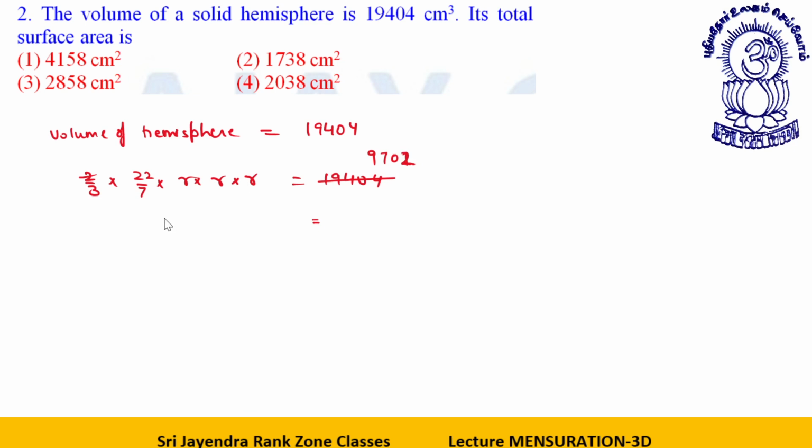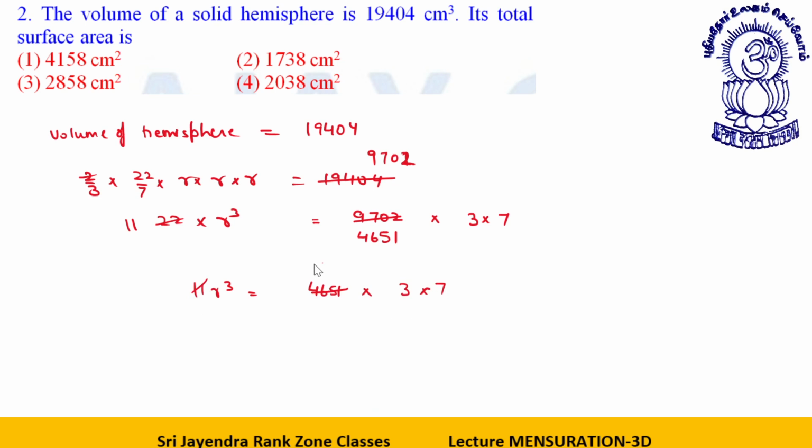Now I have 22 into r cube is equal to 9702 into 3 into 7. Let's cancel this by 2 again. If I cancel this by 2 again, I get 4851. So 11 r cube is 4851 into 3 into 7. Very logically, it appears to me it will be 441.